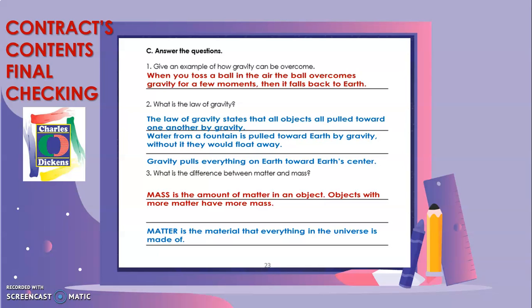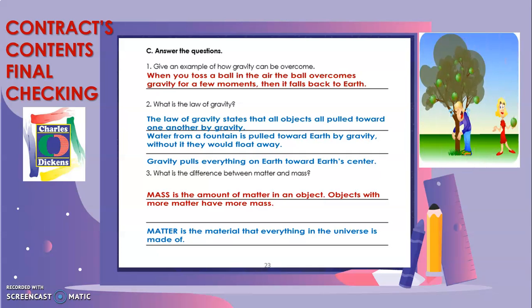Can you please, Majo, read number 1? Give an example of how gravity can be overcome. When you toss a ball in the air, the ball overcomes gravity for a few moments, then it falls back to Earth. Yeah, this is like when John Michael and David are dribbling the ball and you're trying to score in the basketball court that we have in the school.